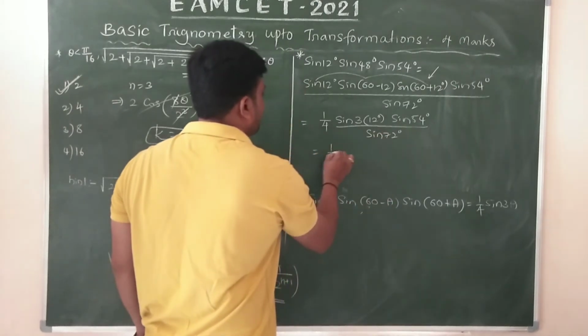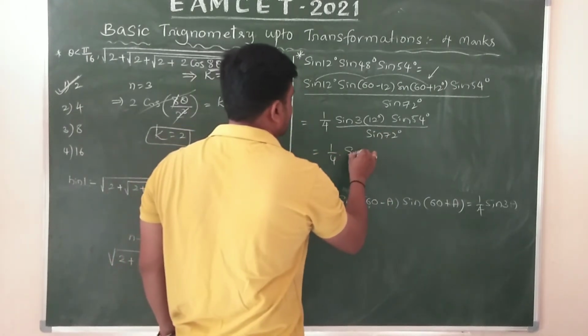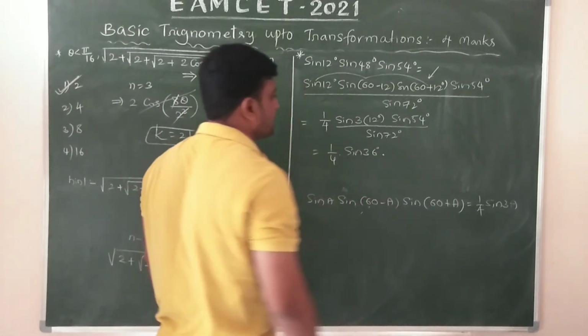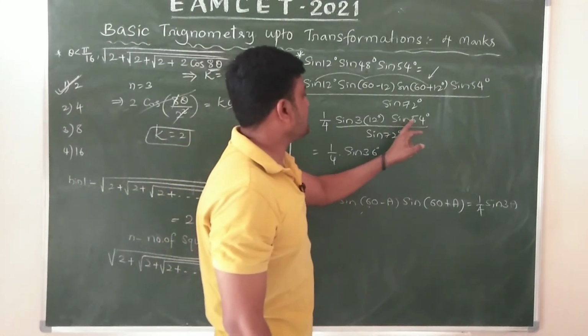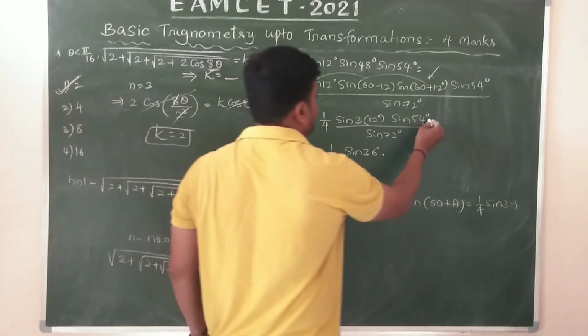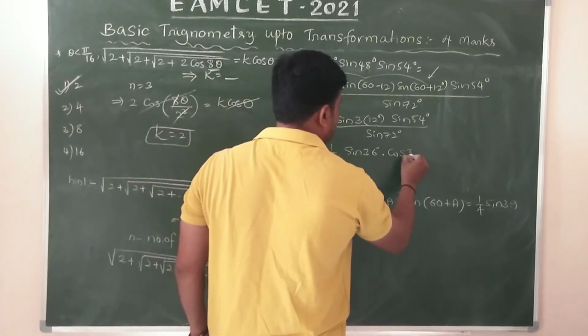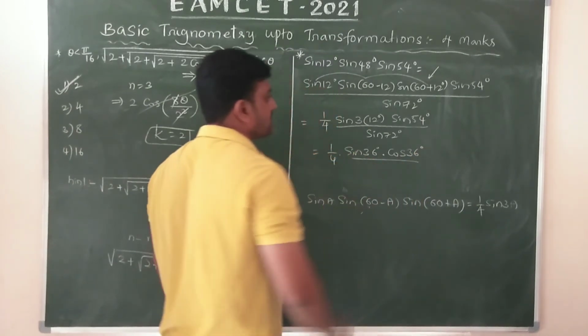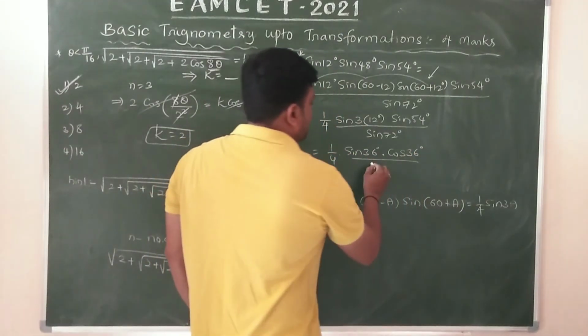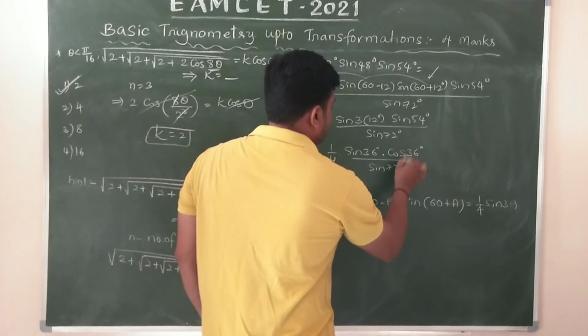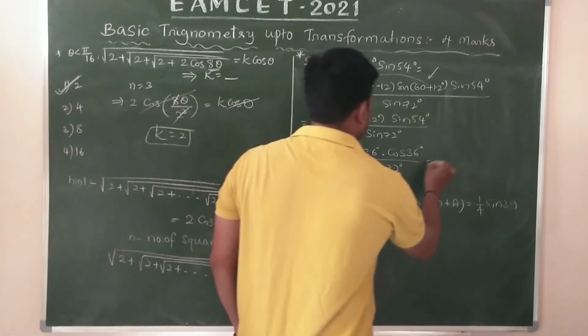Then 1 by 4 sin 36. Now sin 54 is nothing but cos 36. Then sin 72. Now it is nothing but 1 by 4.